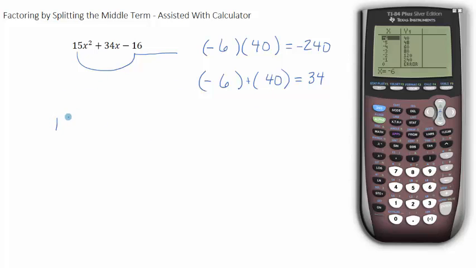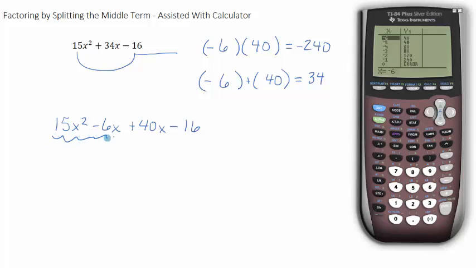We rewrite it as 15x squared minus 6x plus 40x minus 16. So if we would add these back together, we come back up to the trinomial we started with. We haven't changed anything except to break up that middle term in a very clever way.